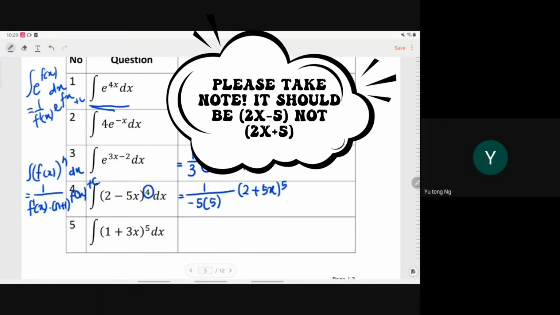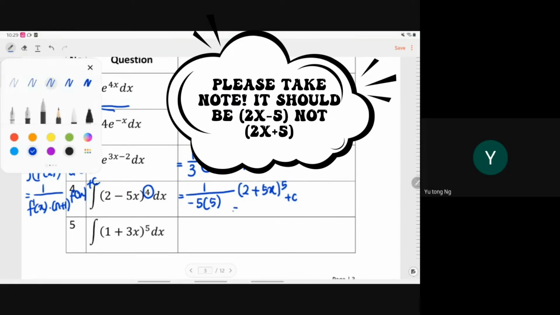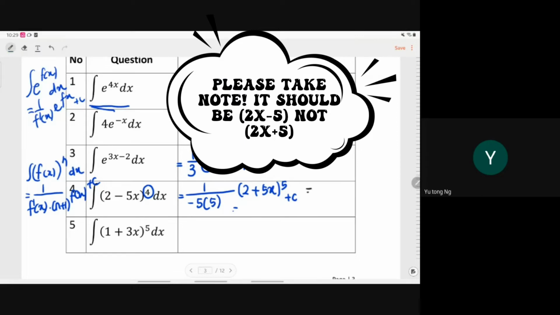Then we simplify, so it equals negative (2 minus 5x) to the power of 5 over 25 plus c. Always leave your answers in the simplified version.